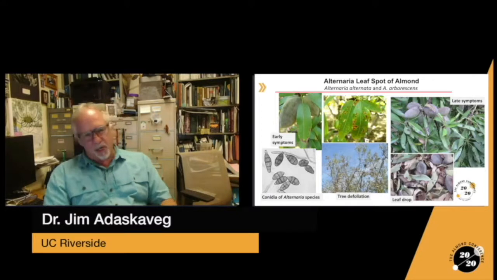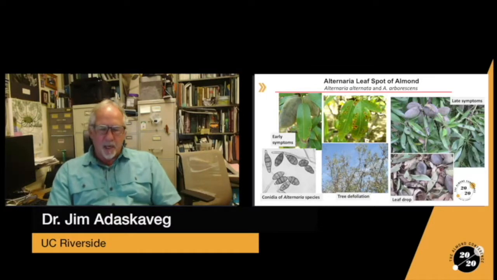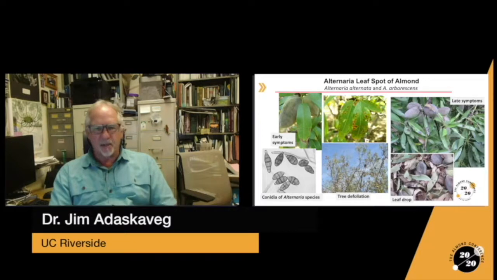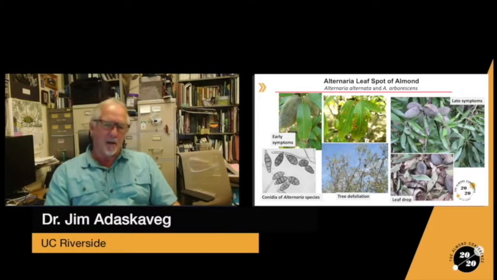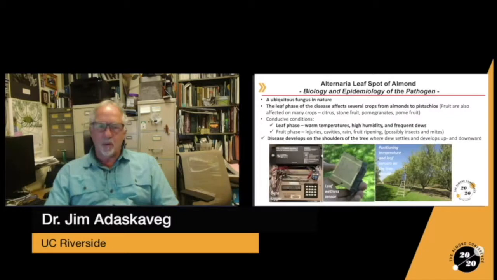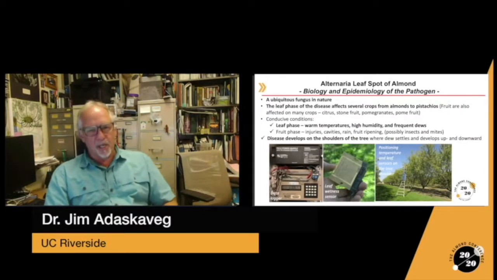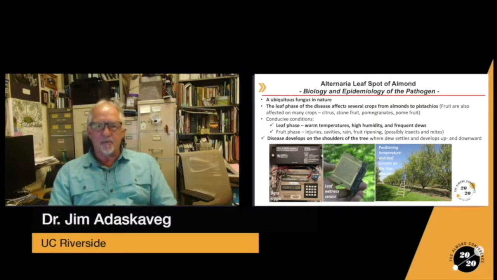Those spores are airborne. They're blown around, and they could end up contaminating the surfaces of other leaves that are healthy. And this process is repeated, and we can get infection on the leaves, and you can get defoliation, which is something almond growers and the almond industry do not want to have in the middle of summer. So with Alternaria leaf spot of almond, what we're trying to do is understand the biology and epidemiology of the pathogen.